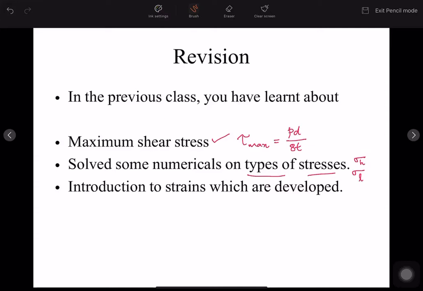After that, I have given certain introduction to the types of strains which will be developing in the cylinders, like longitudinal strain, circumferential strain and volumetric strain.